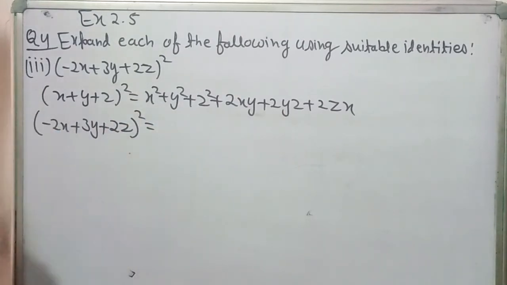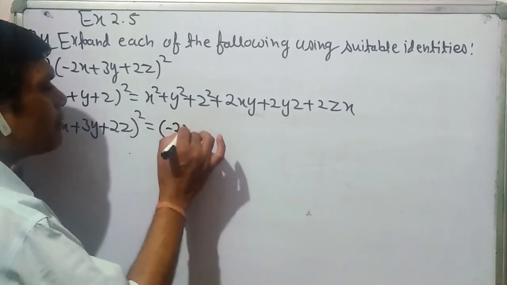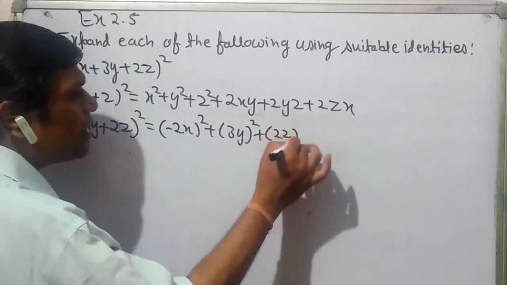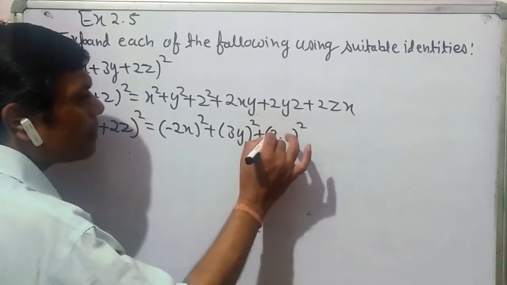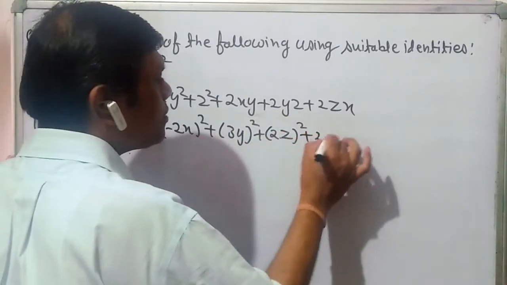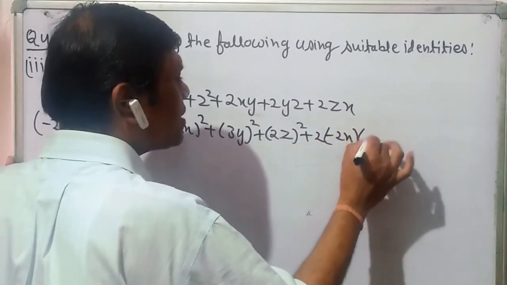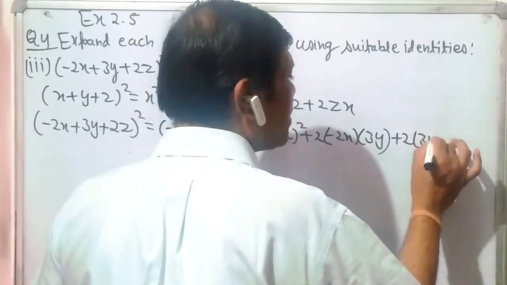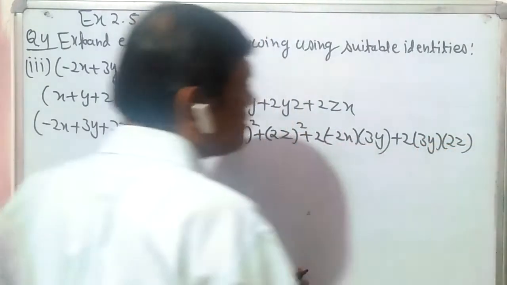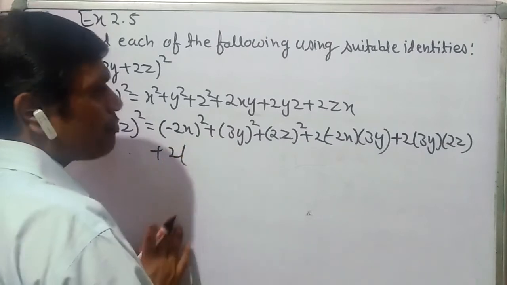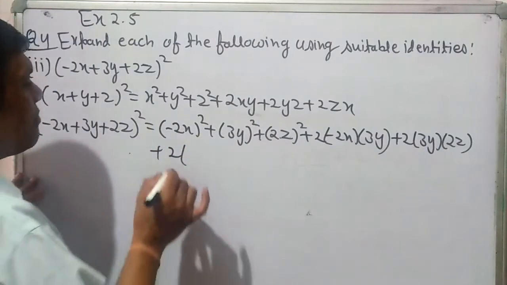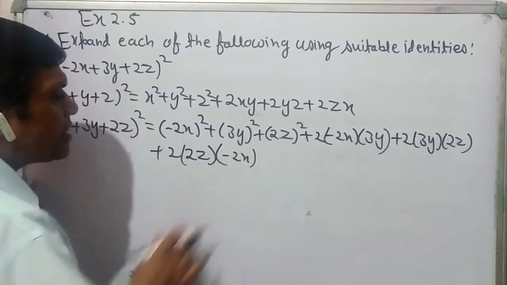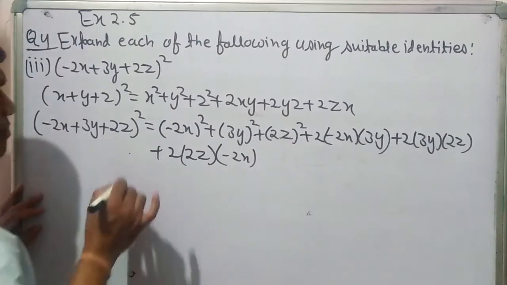Minus 2x, 3y, 2z. Put it: (minus twice x) whole square, (3y) whole square, (twice z) whole square, plus 2 multiplied by negative twice x multiplied by 3y, that's the 2xy term, twice 3y multiplied by twice z, that is the twice yz term. For zx, what we have is 2 multiplied by twice z multiplied by negative twice x, that's the twice zx term.